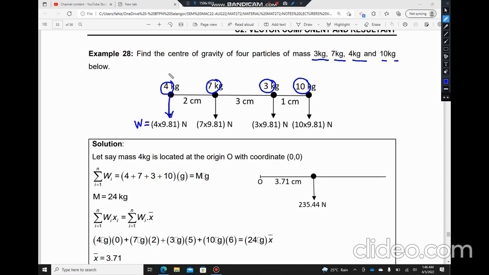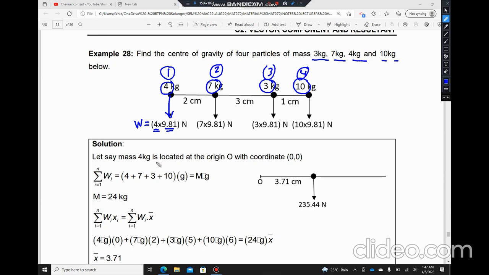Untuk yang first, we have 4 multiplied by 9.81. Kita darab mass, jisim dia 4 kg, dengan gravity 9.81. Then same with the second point, 7 multiplied by 9.81, the third 3 multiplied by 9.81, and the last one, 10 multiplied by 9.81.